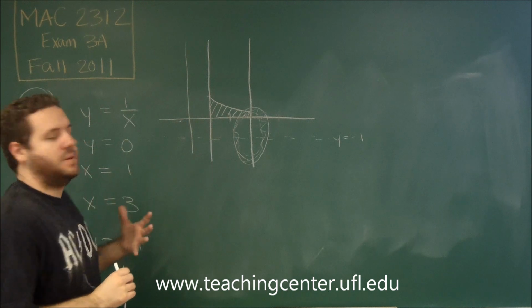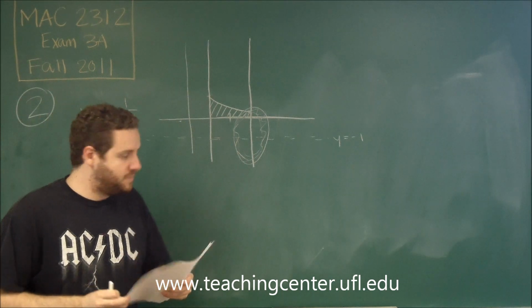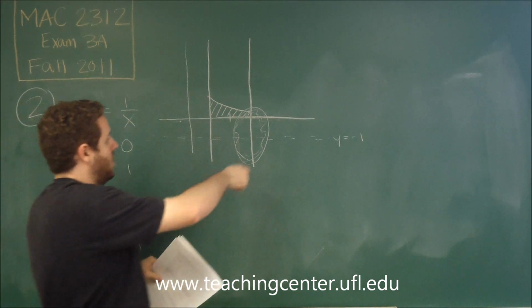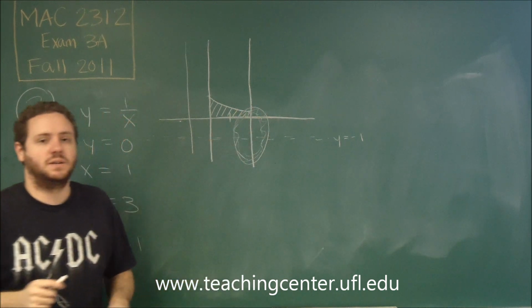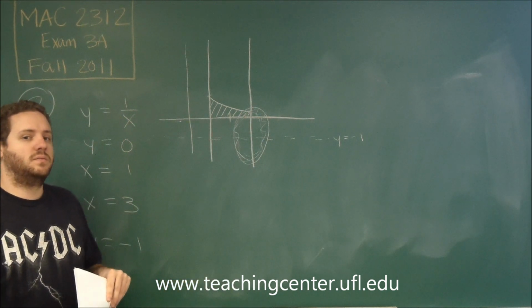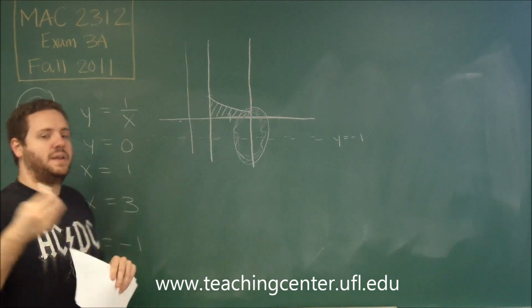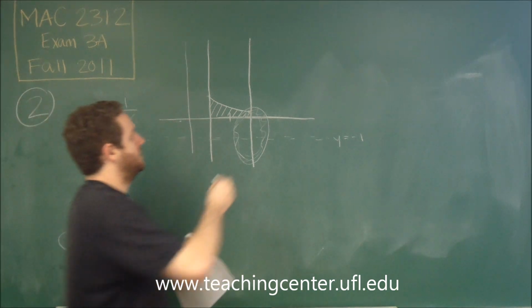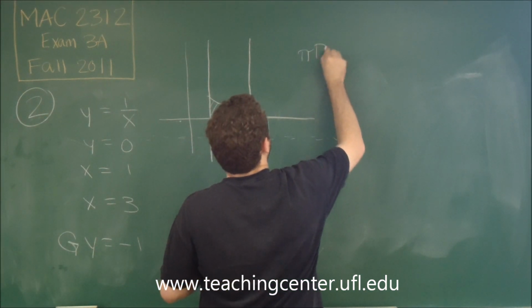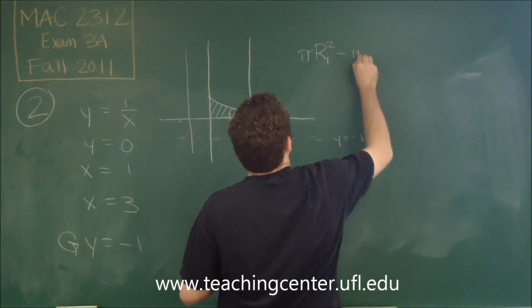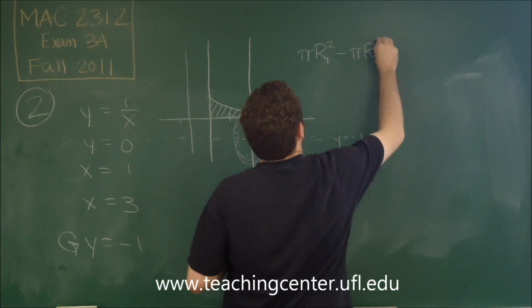So what we need to figure out is how do we represent that as an integral. The area of a ring section like that is pi times the radius squared of the outer minus pi times the radius squared of the inner. So we have pi r1 squared minus pi r2 squared.